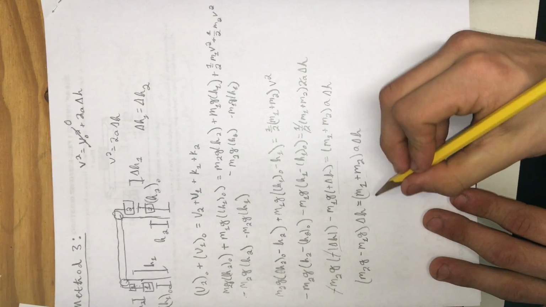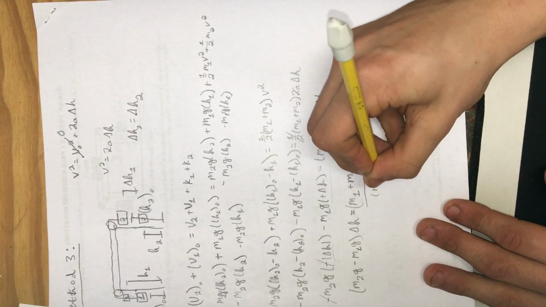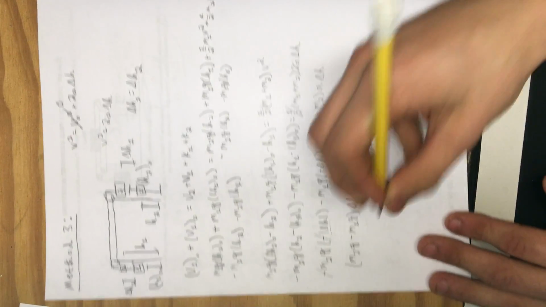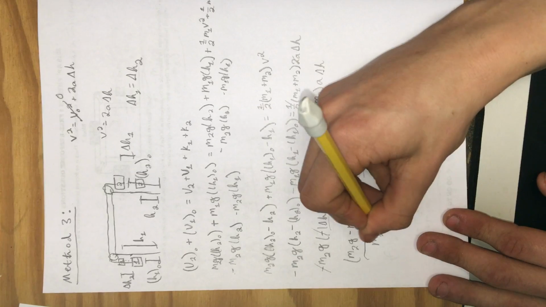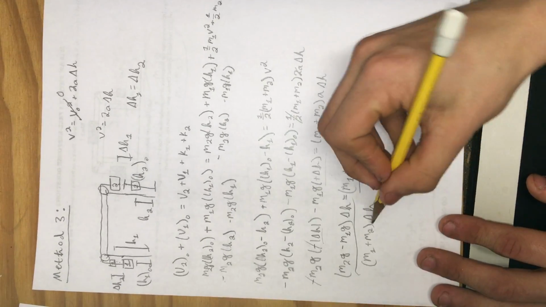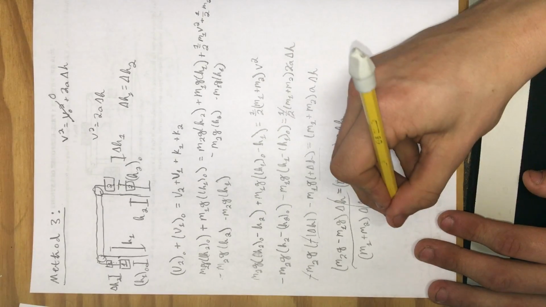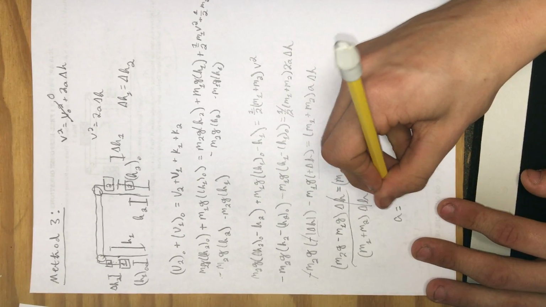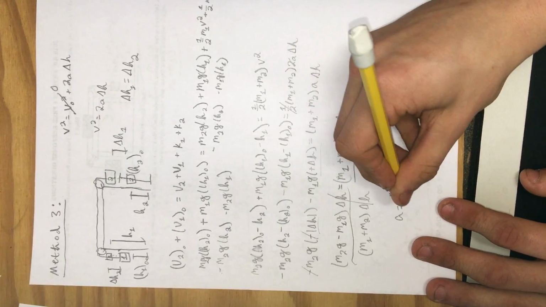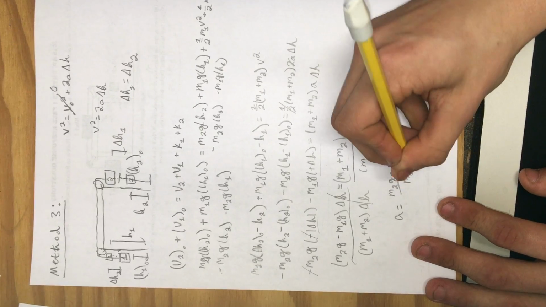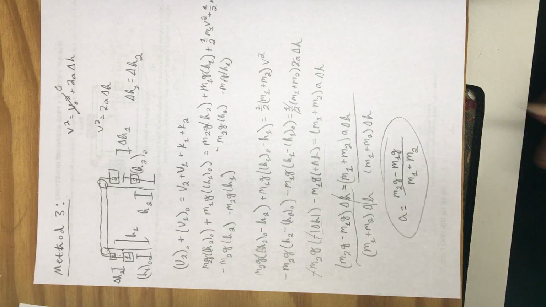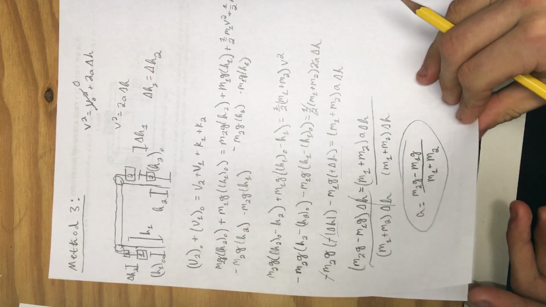So how we're going to do that is by dividing by m1 plus m2 times delta h on both sides. Now as you can see, the delta h's cancel, and that gives us a is just equal to m2g minus m1g over m1 plus m2. And there we go. That's 3 different methods for solving for the acceleration of the system.